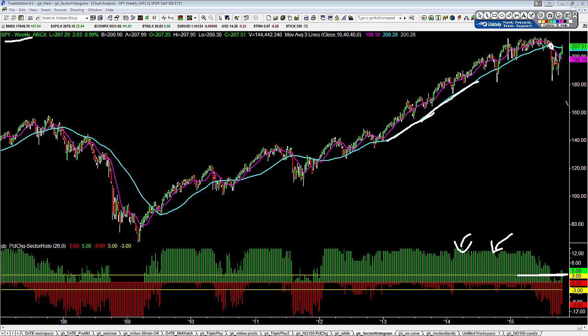This came up in an analysis in an earlier video, when we realized that if you go back and look, every time the market fell below the 200-day moving average or 40-week moving average when the industry groups had a really high number, it tended to hold up pretty well.